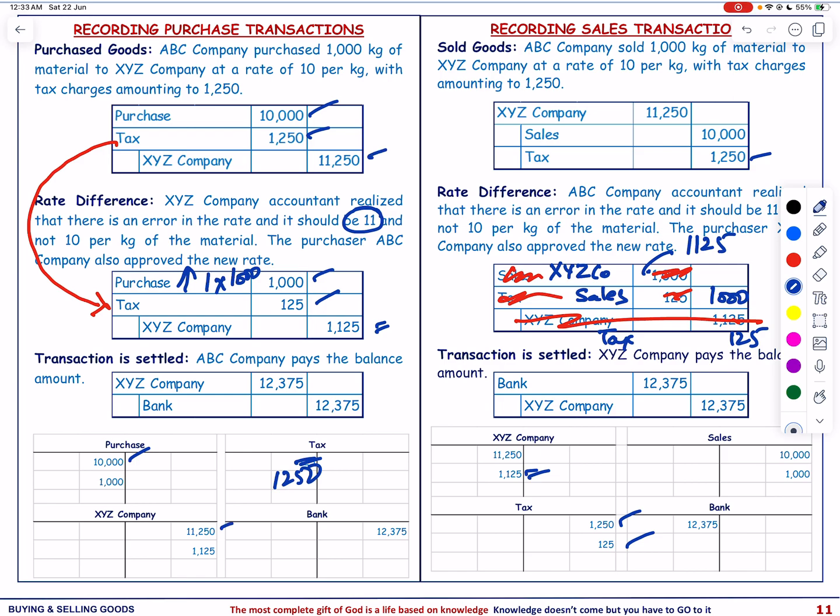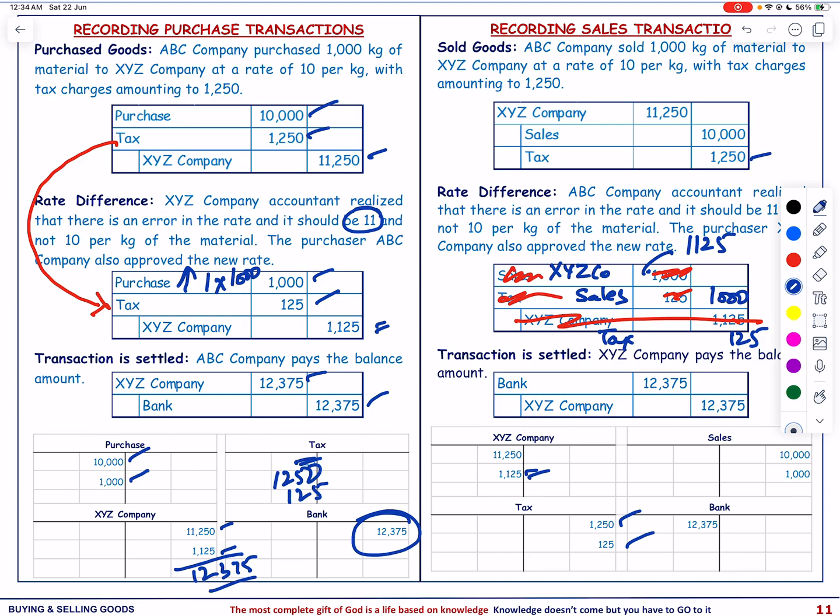Now purchase is debit by 1000, and once again taxes are going to be debit by 125. So the tax burden is going to increase, obviously, because the purchase is increasing. And then we have XYZ company credit by 1125. And then the total amount payable is going to be 12,375, and that is what we have paid over here.